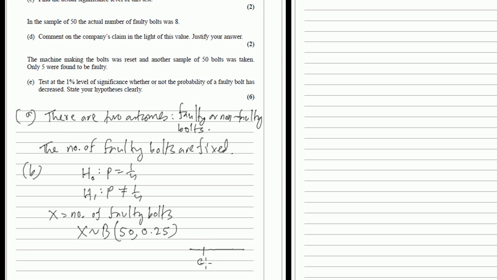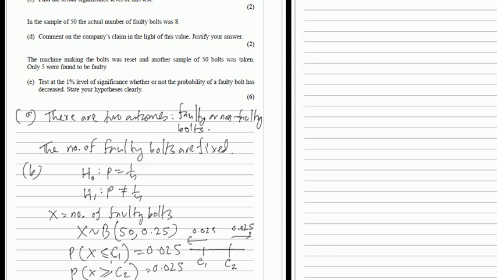If this is critical region C1 and this is critical region C2, then the lower probability is 0.025 and the upper probability is 0.025, that means the significance level, if you add it up, is 0.05 or 5%. So one critical region is the probability that X is less than or equal to C1 being 0.025, and X greater than or equal to C2 being 0.025.